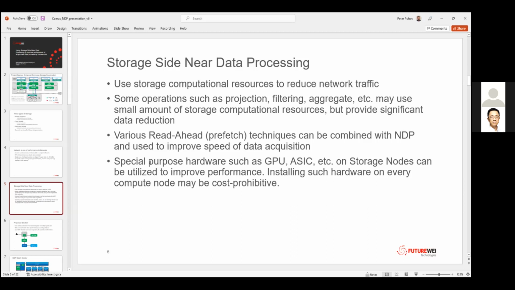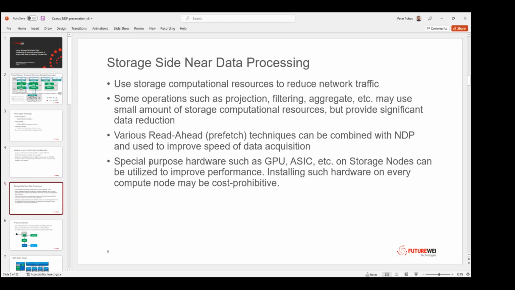Another benefit of the NDP is storage may have special purpose hardware, some powerful GPUs or even ASICs, which can be installed on the storage nodes and can be used to improve performance, because we can literally DMA from the NVMe drive directly into the GPU.